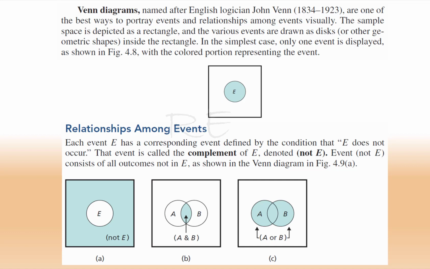For B, A and B intersect. We have a different type of relationship. Therefore, we have A and B represent the overlap. For C, A or B represents the union. We take everything, all the elements.